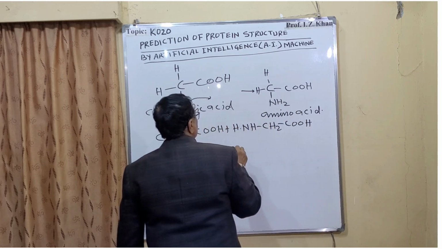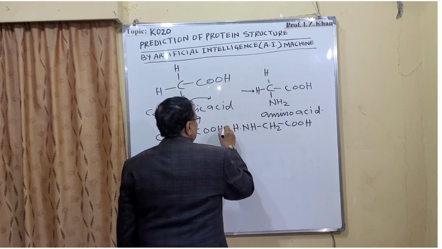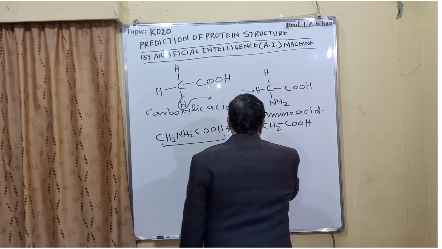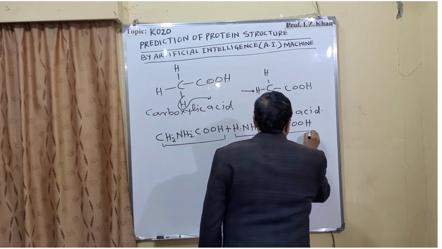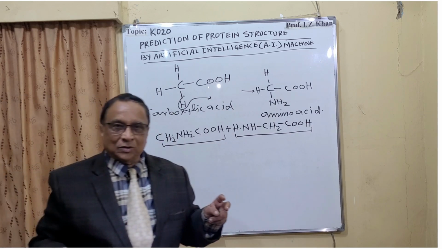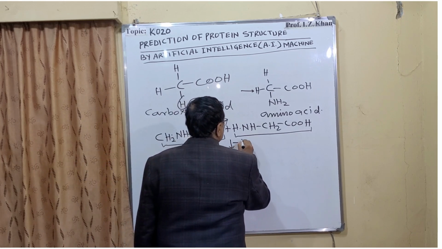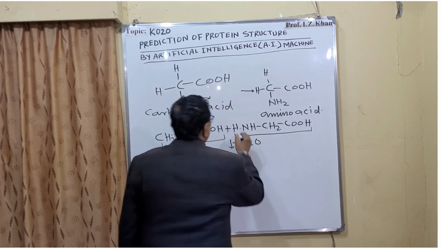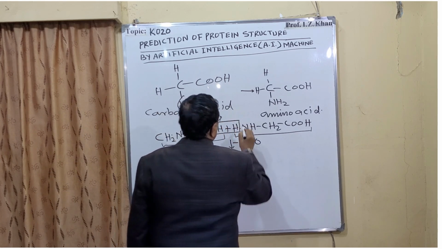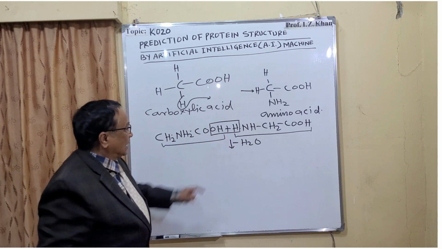If two molecules are there, one is this and the other one is this, these two amino acid molecules are going to join together by elimination of one molecule of water. So if it combines like this, it will become H2O.